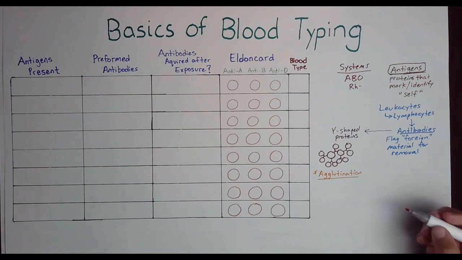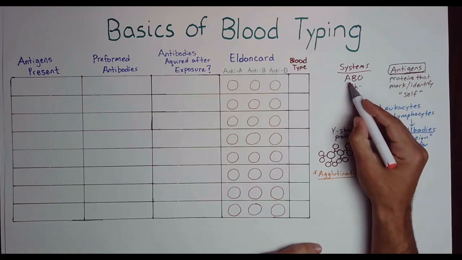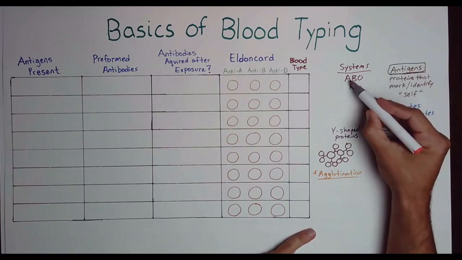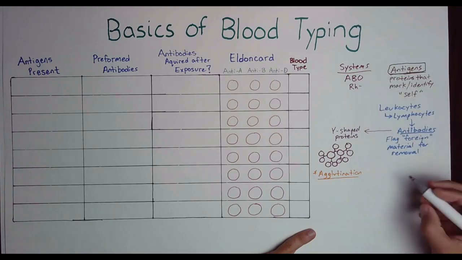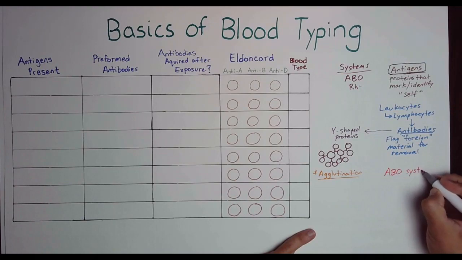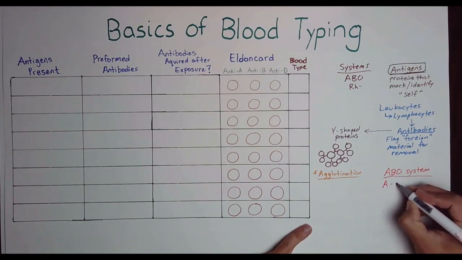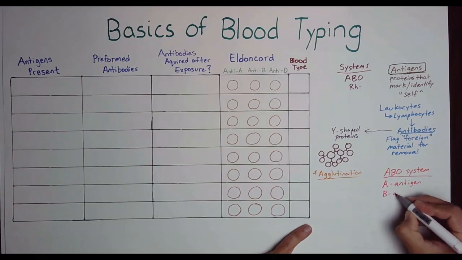In the ABO system, we have two major antigens: there's an A antigen and there's a B antigen.